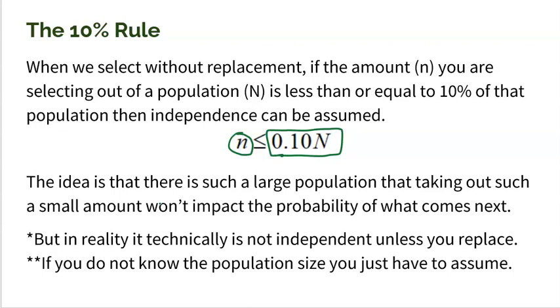You're not really impacting the probability of what comes next. Technically, maybe down to the 18,000th decimal you are, but it's not that big of a deal. So again, in reality, they might not be independent, but as long as we can assume that the number we took out is less than 10% of the population, it's okay.